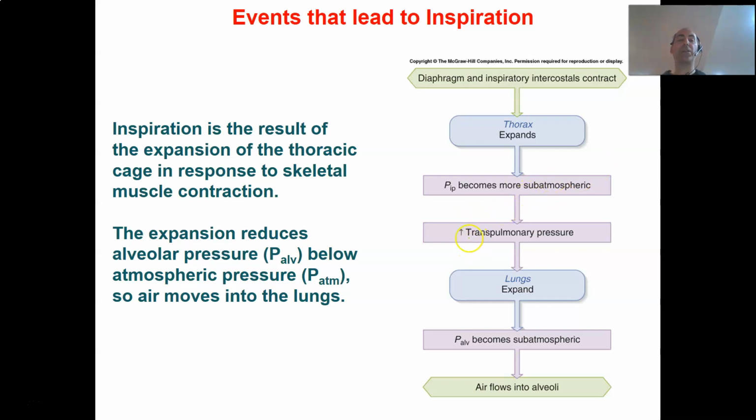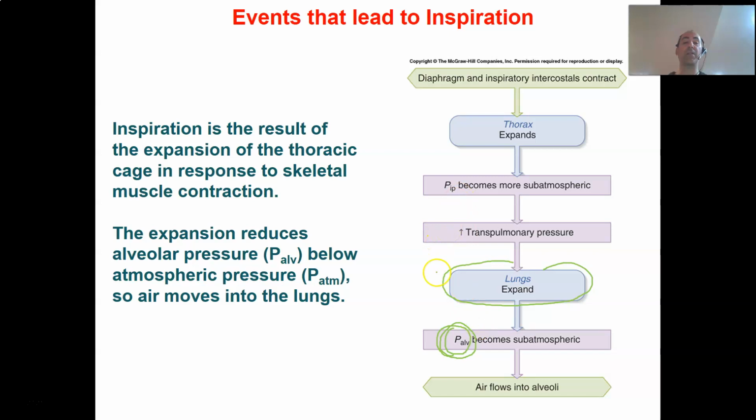This increases the transpulmonary pressure, right? Remember, the transpulmonary pressure is always positive, so it goes up even more. The lungs expand, and then the lungs expanding make the alveolar pressure subatmospheric, and air flows in.